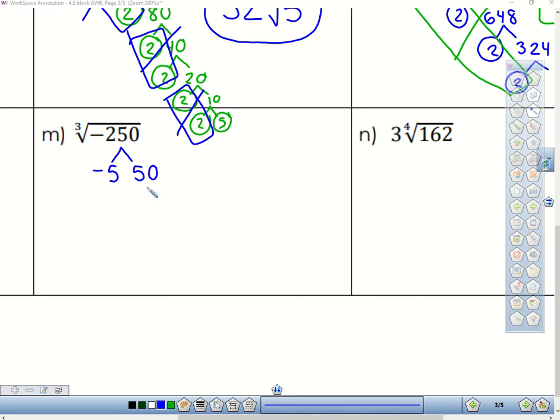And what can I break 50 into? 5 and 10. So we'll make the 5 negative and we'll make the 10 positive. So usually make the one negative that isn't going to factor. And then what does 10 break up into? Good, negative 5 times 2.